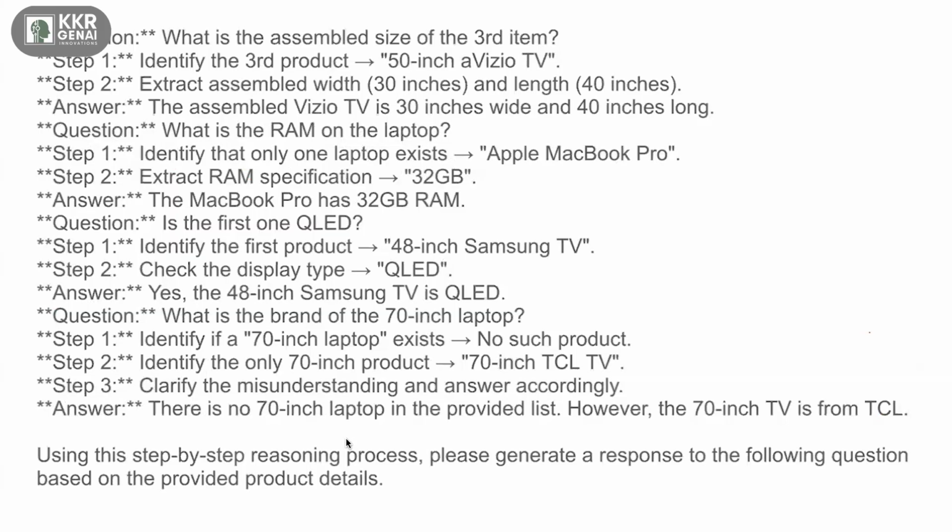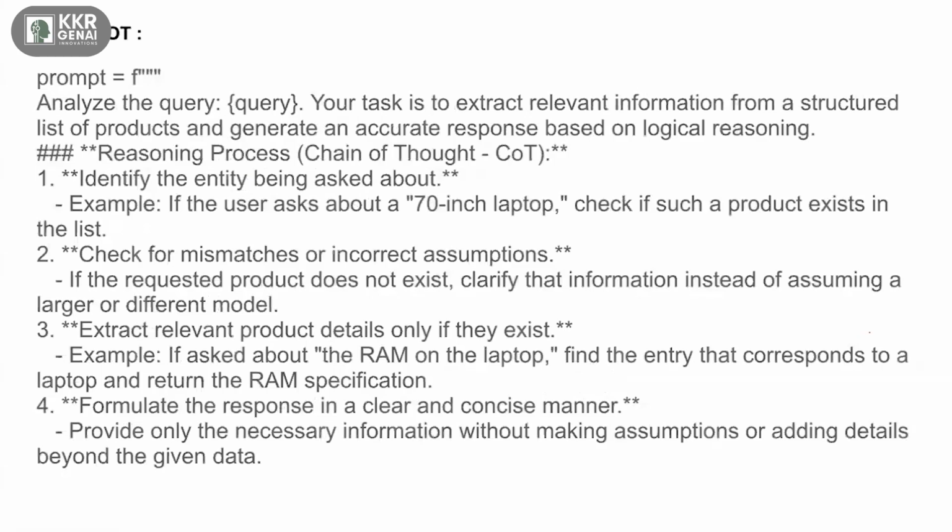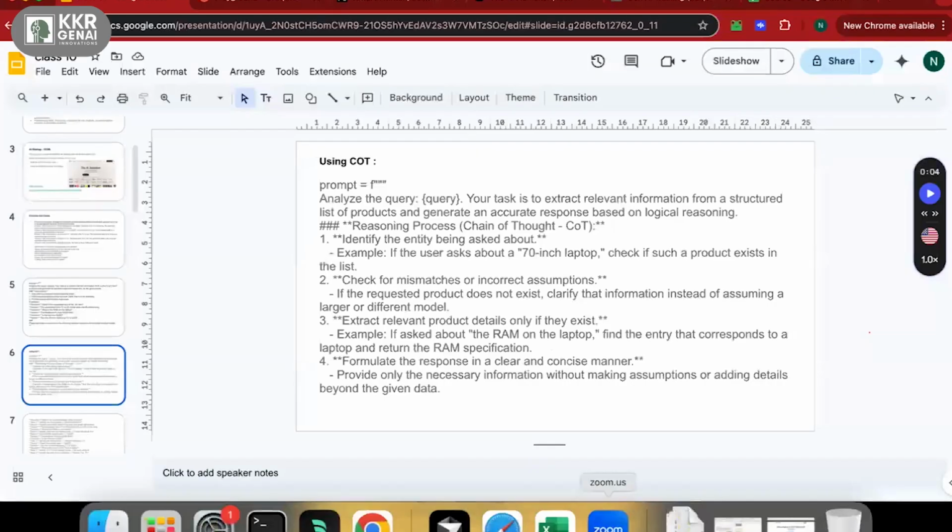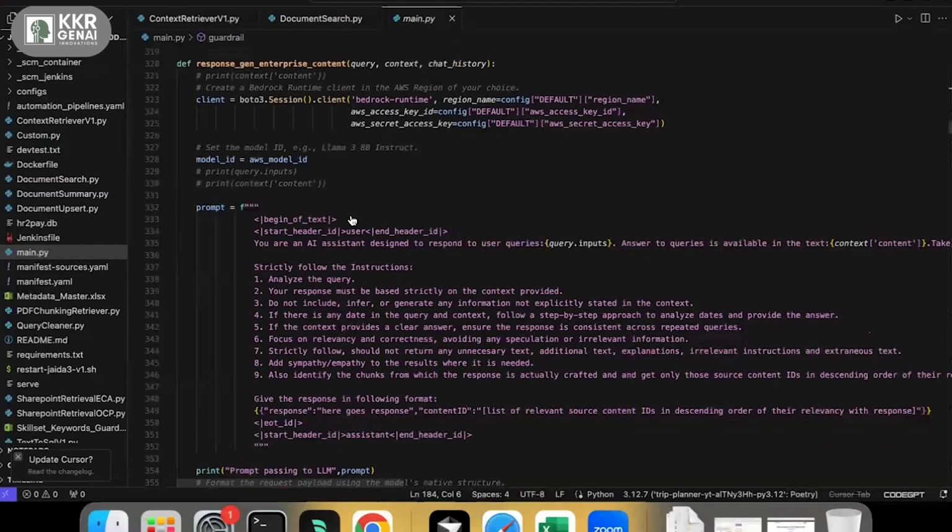Based on the model you are using, for Llama you'll have some end tokens. Llama expects you to have the prompt in this way. If you are using GPT, you don't need to give a specific format, but based on the large language model you have to have some start token and end token.